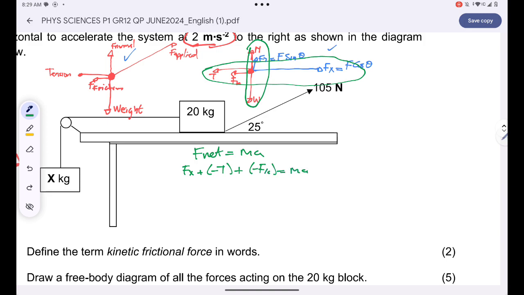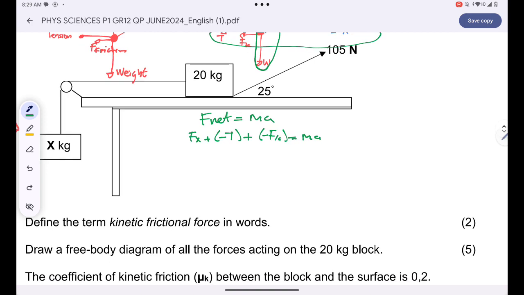These forces are negative since they are opposing direction. So Fx is just 105 multiplied by the cos of 25 degrees minus tension, and frictional force we got it to be negative 30.33. This is just equal to 20 multiplied by the acceleration, which is 2.